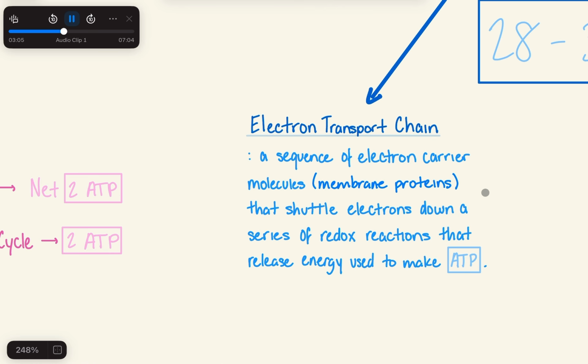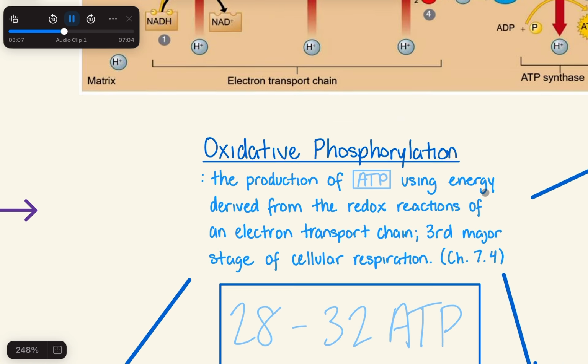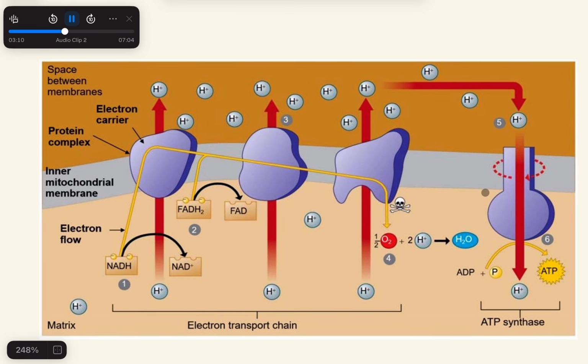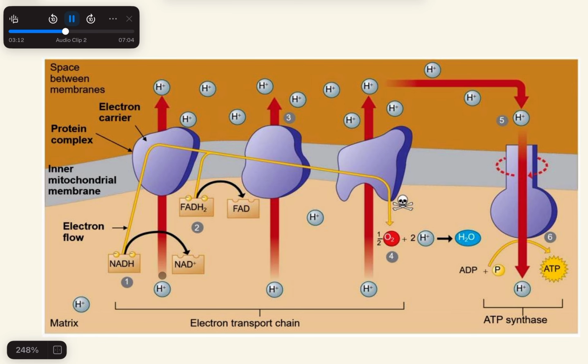The two electron carriers will get rid of their electrons, and they'll lose their electrons and transfer them to an oxygen that is waiting at the end of the electron transport chain.